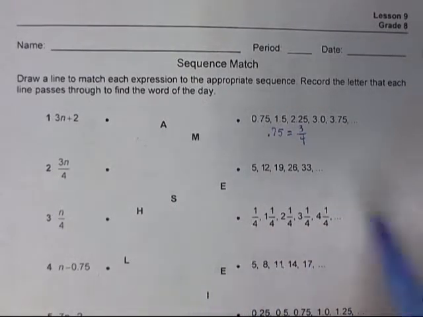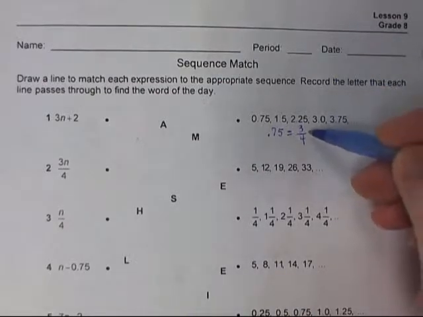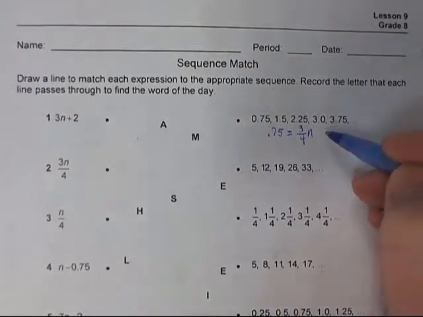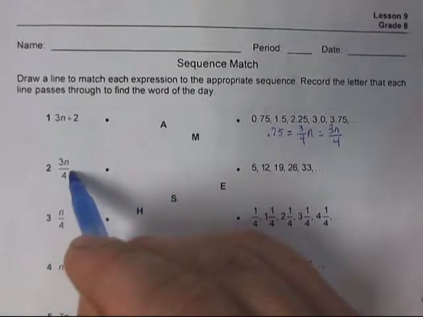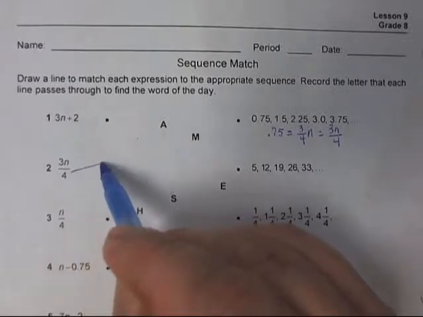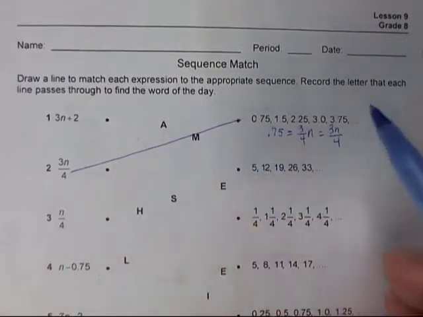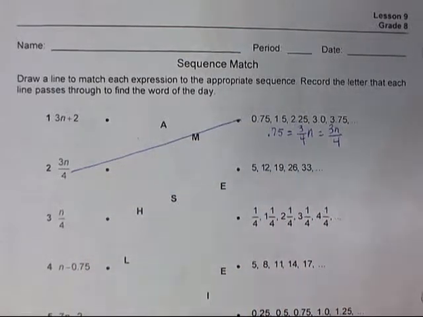And so the rule is going to be 3/4 times n, or 3/4 n, which we can rewrite as 3n over 4. And so we're going to draw a line from 3n over 4 to our answer. So the first letter is going to be M. Actually, that's going to go here.